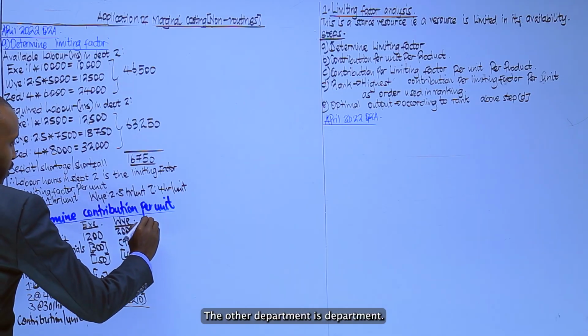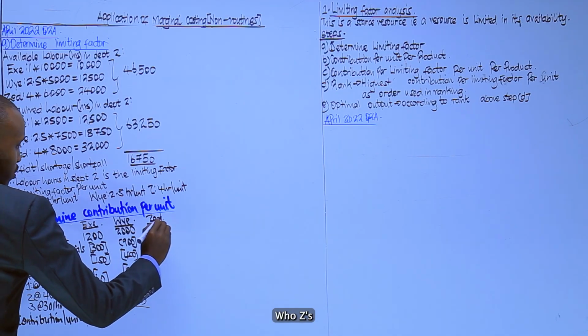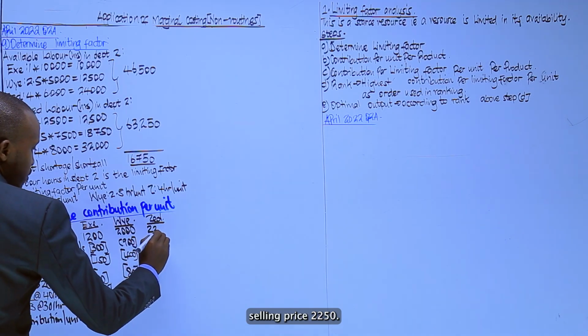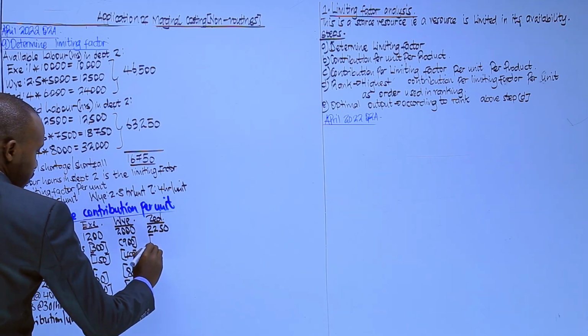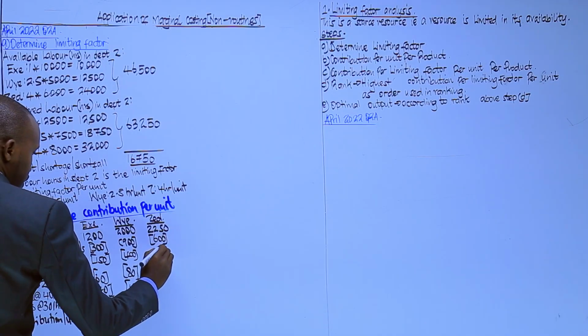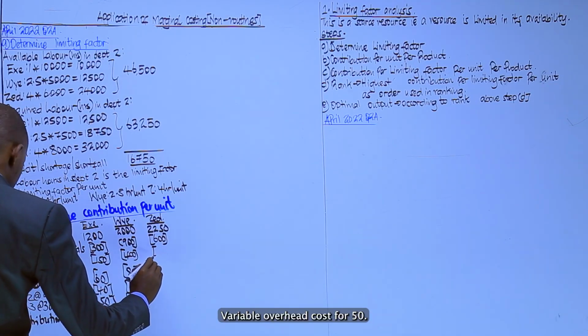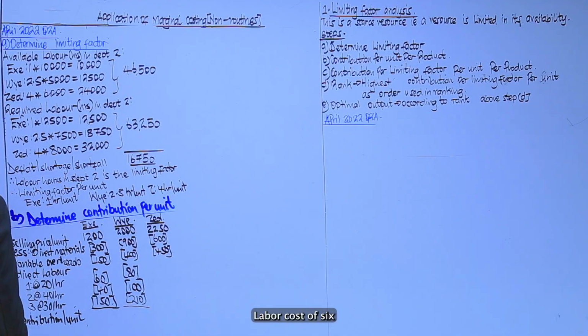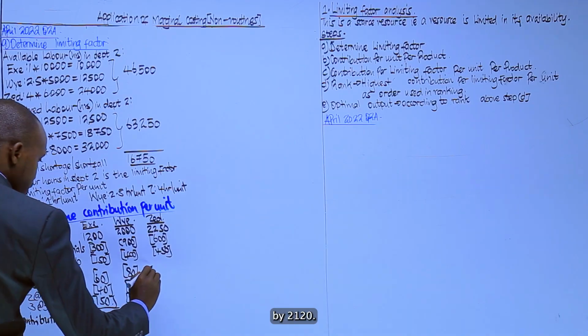The other department is department who? Z. Your selling price 2250. Material cost 600. Variable overhead cost 450. Labor cost of 6 by 20, 120.